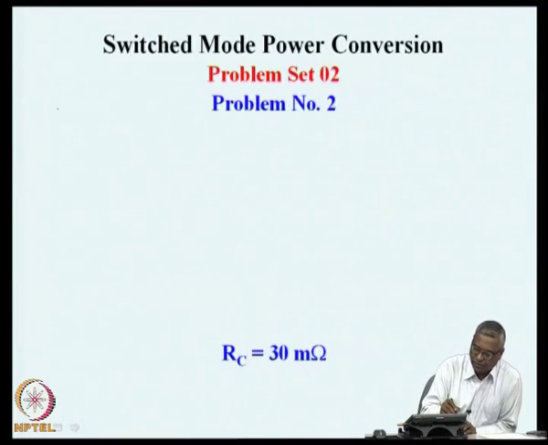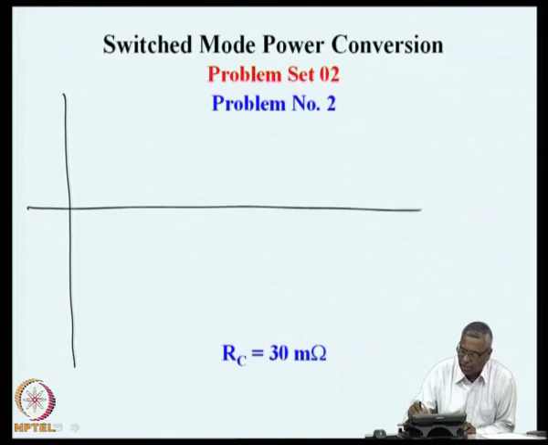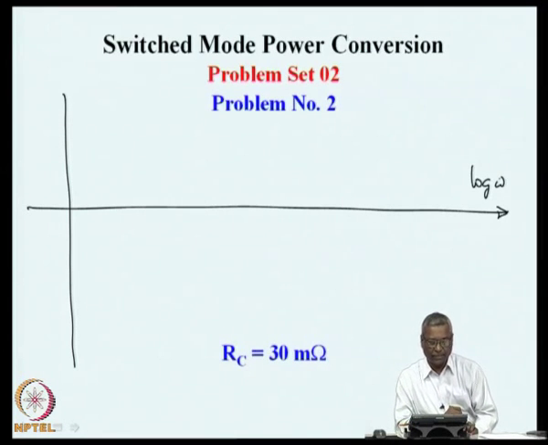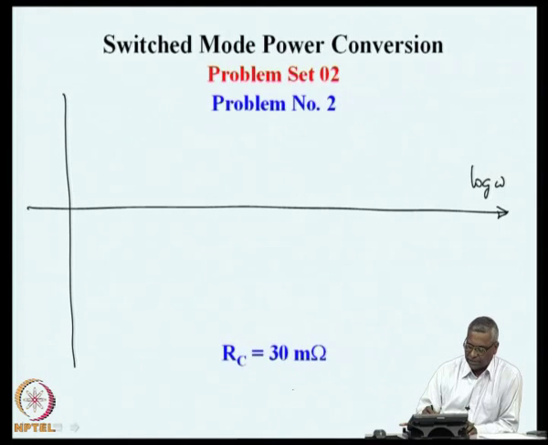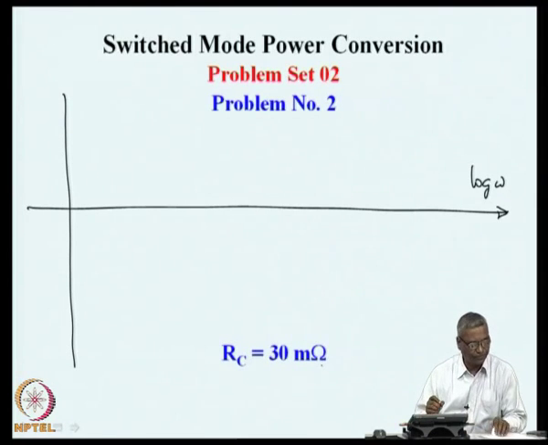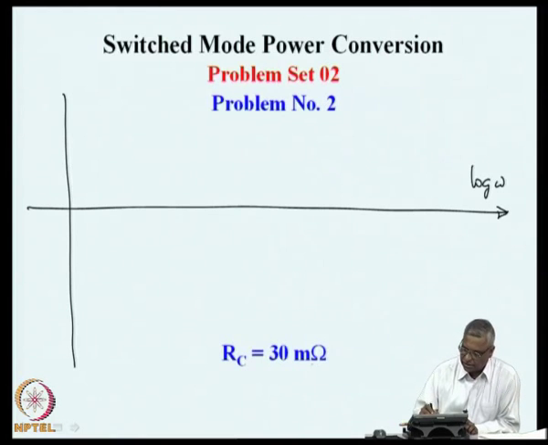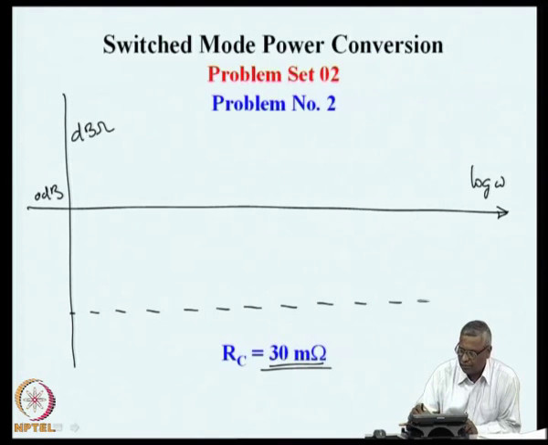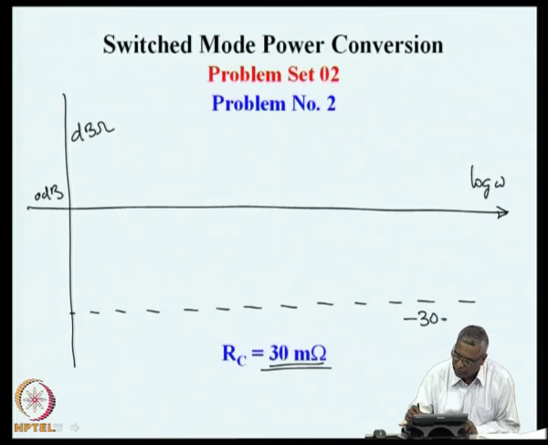Next, we may plot the resistance R as a function of frequency. R is independent of the frequency, whose value is 30 milliohm. If we represent this in dB ohm, this will be at minus 30.5 dB ohm.